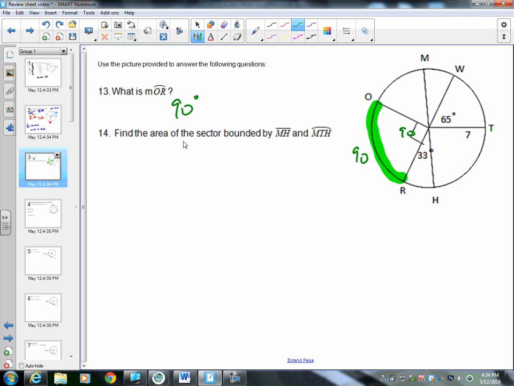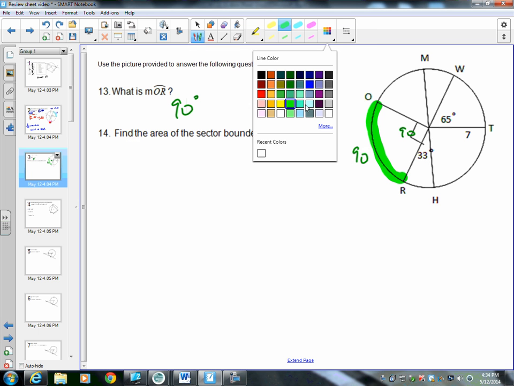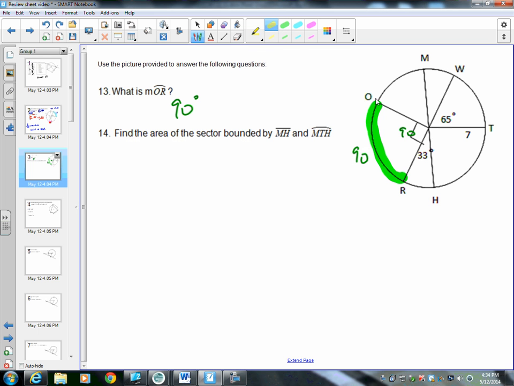Okay, number 14, find the area of the sector bounded by segment MH and the arc MTH. So let's go ahead and try this out. Let's just use yellow. I'm going to erase this on the picture.